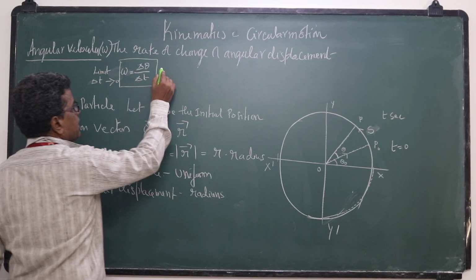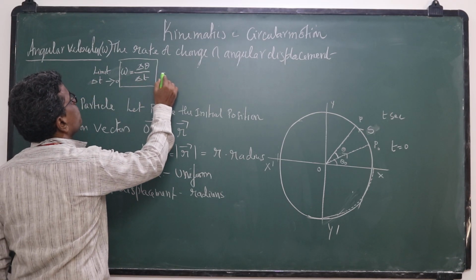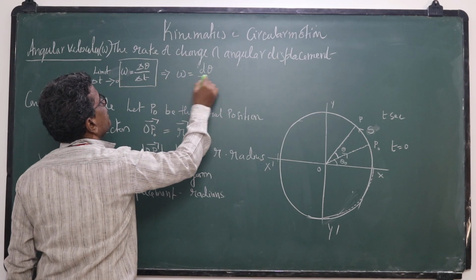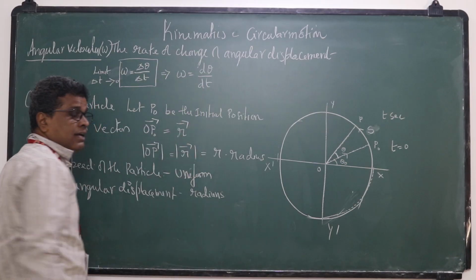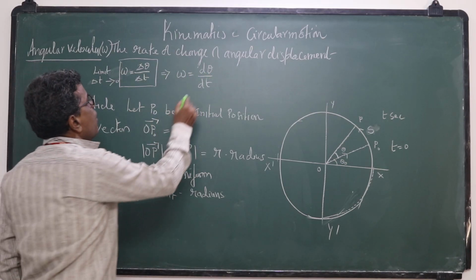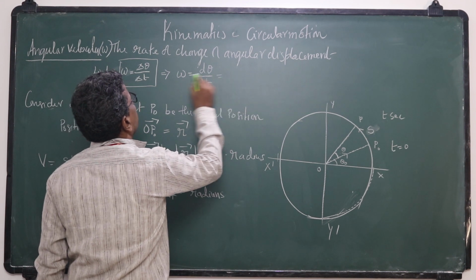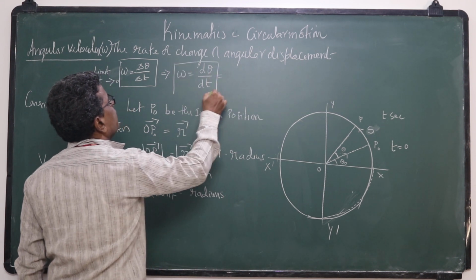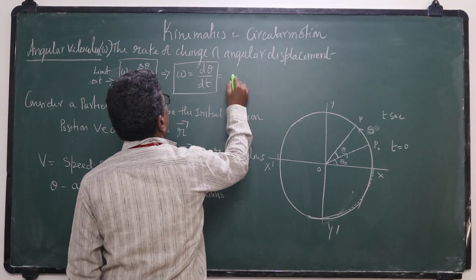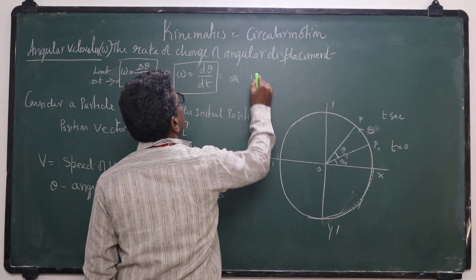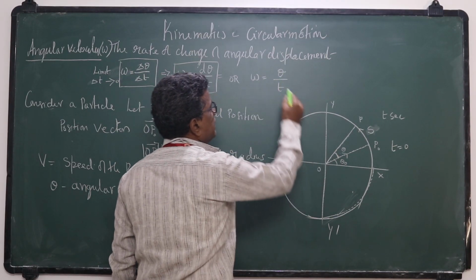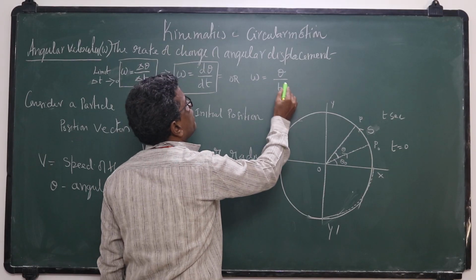If theta is a large value, we can write omega is equal to theta by t. Angular displacement by time is angular velocity.